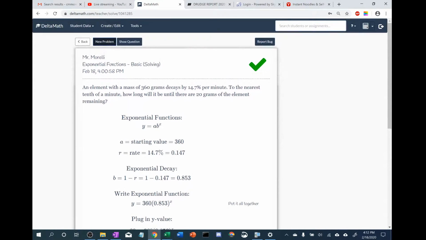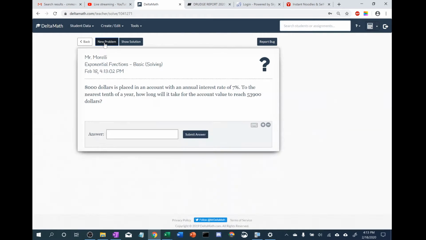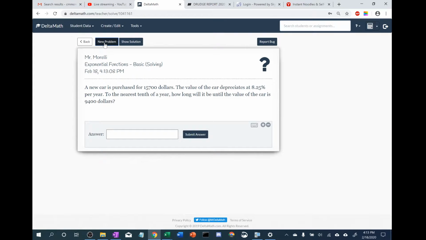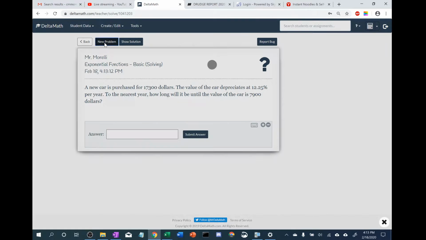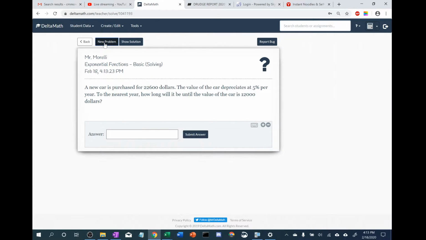Okay, so now the question would be, I want a problem that has a decay rate with a half-life. And I think I might have just passed one. You can just keep renewing this. Nope.